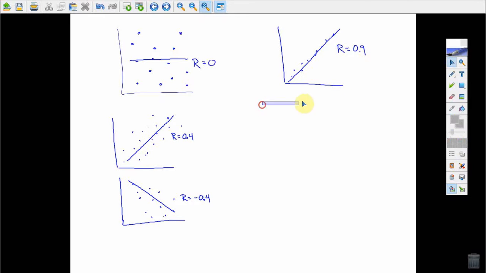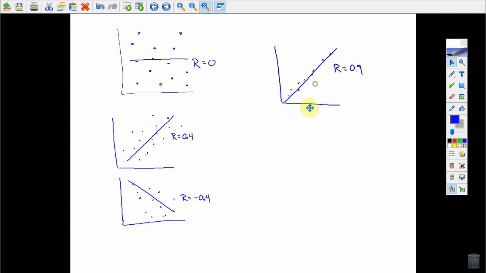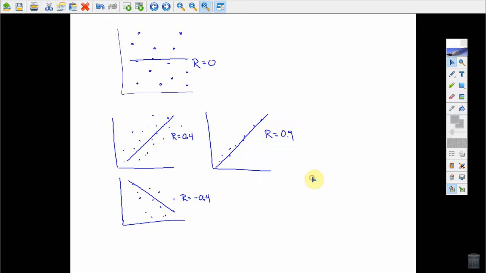And if it was exactly on the dot, in other words, the points were exactly linear and we could fit a line that went through all of them, that's when you get an R value of 1.